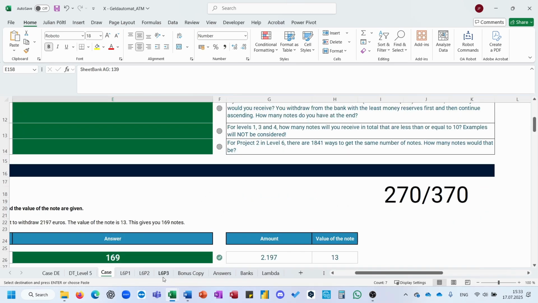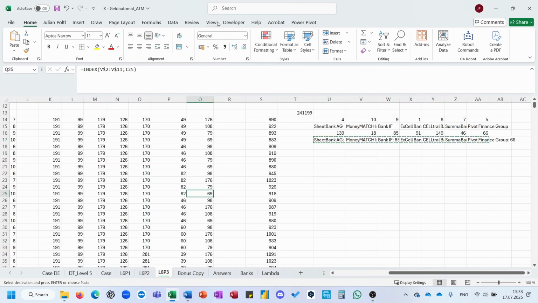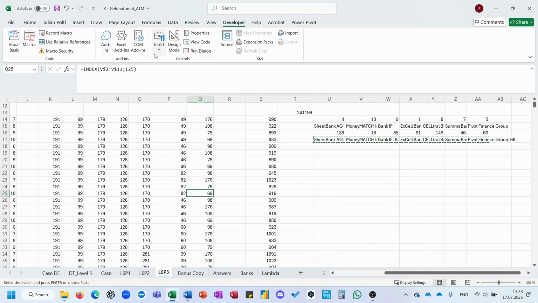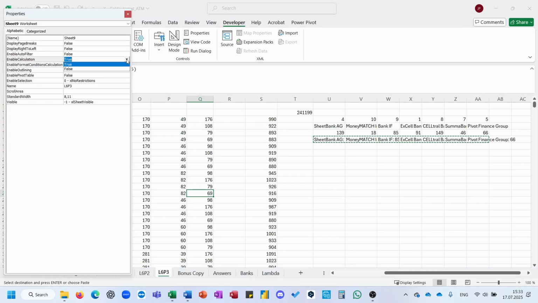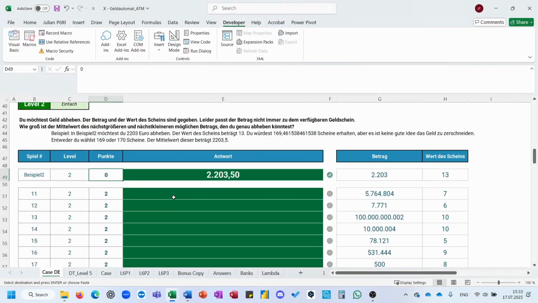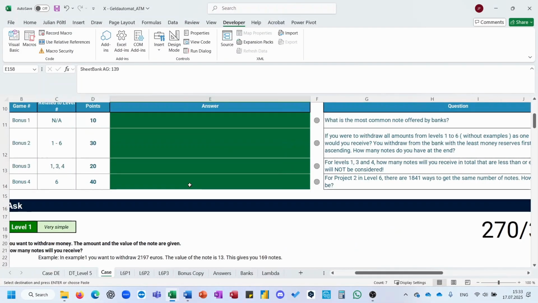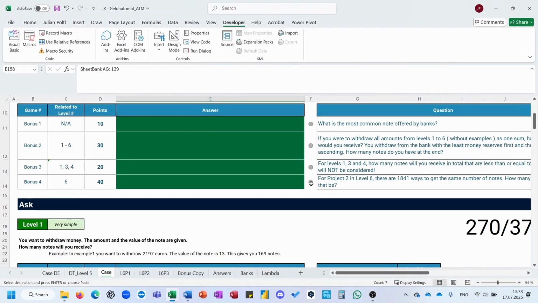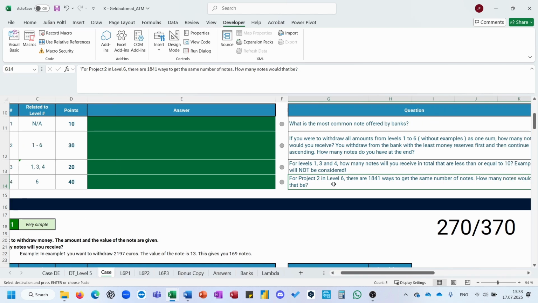270 points in, 100 points to go. Turn off calculations here. Okay, now I can do first bonus 4 because it's on the easier side. We have all the nodes for project 2, and we want the 1,841 ways to get to the same number of nodes.